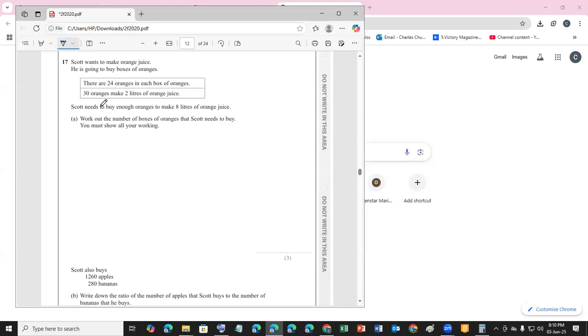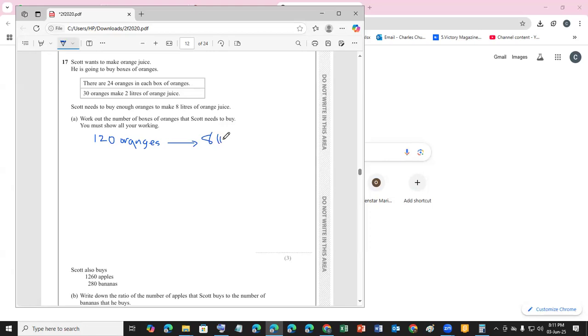So 4 times 30 will give me 120. So 120 oranges would help me to get 8 liters. Do you agree with that? Yes. Okay.